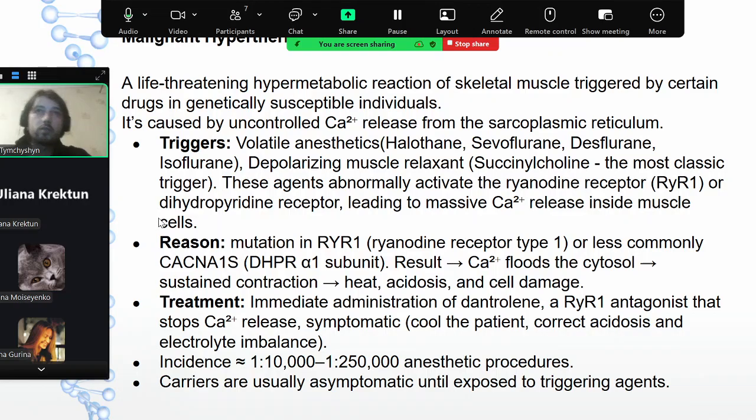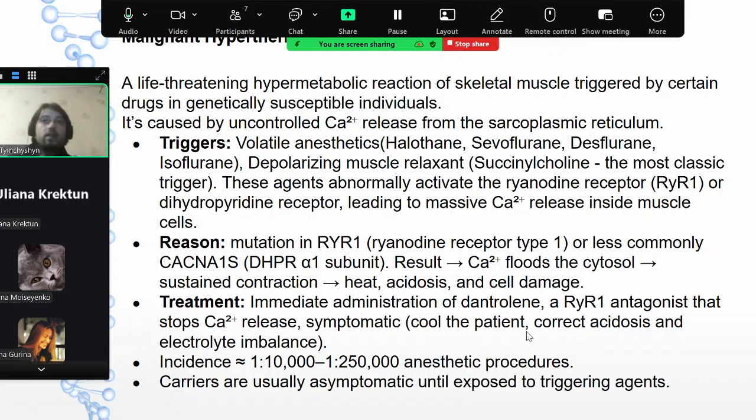The triggers may be some volatile anesthetics like halothane or sevoflurane, or some depolarizing muscle relaxants. These agents abnormally activate the ryanodine receptor or dihydropyridine receptor and lead to massive calcium release inside muscle cells.